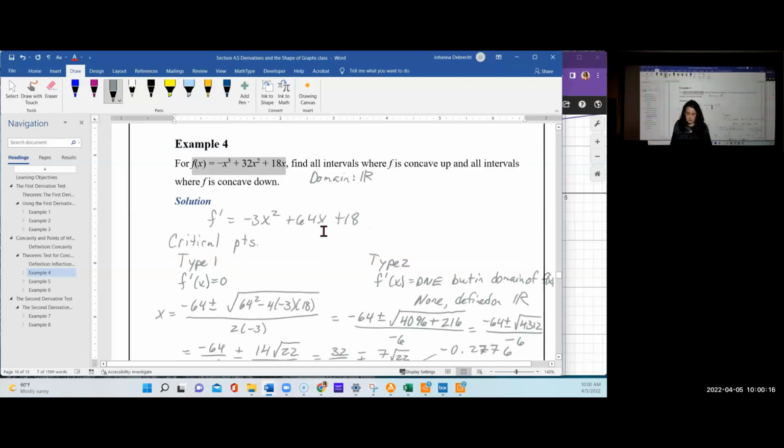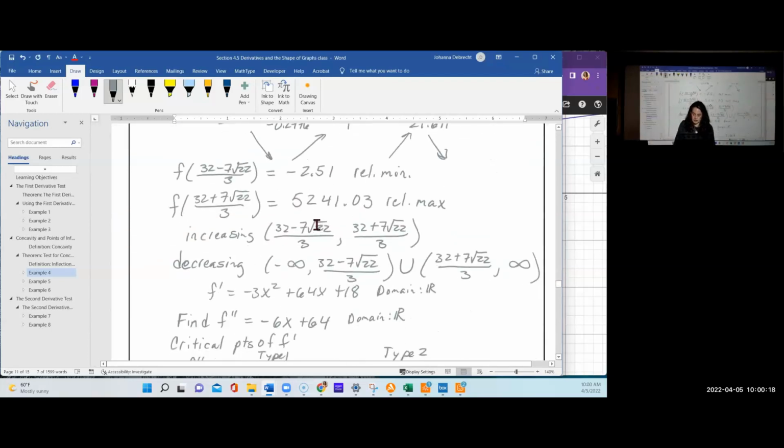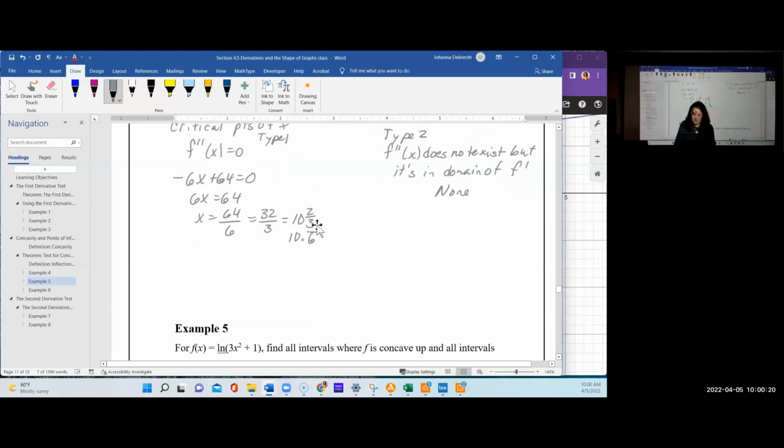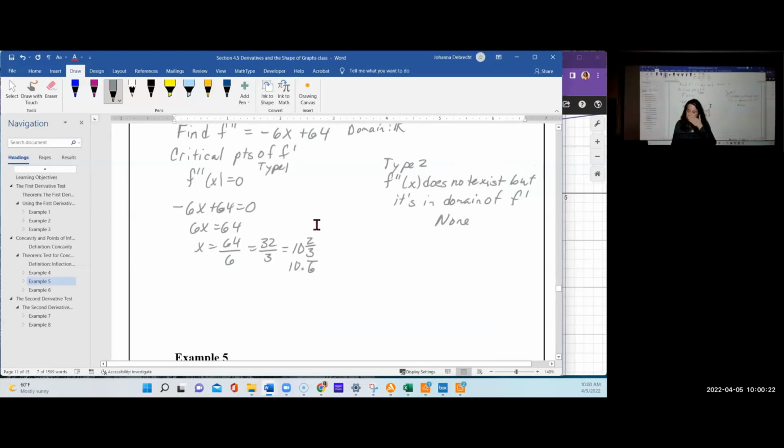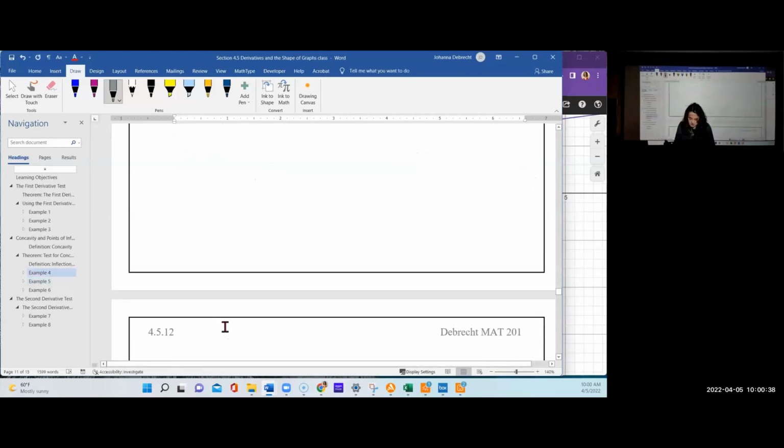Now that's only if it changes sign at that point. So we need to check and see if it changes sign. So to check and see if it changes sign, what we're going to be looking at, of course, is where the second derivative changes sign. So now coming down here, we create some more space.